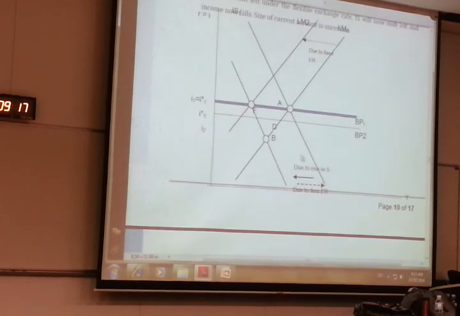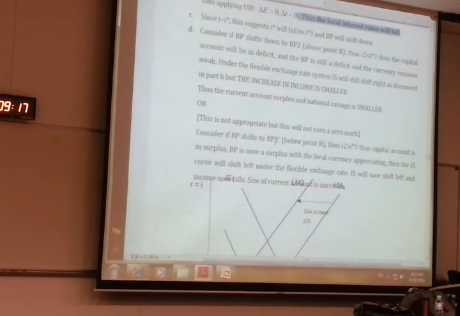Okay? Now, if you were to shift the BP down, you are at point B. There is a choice to shift above point B or below point B. The question is not clear. The question didn't tell you how much interest rate change. The question merely says interest rate has to change. So that's why in my suggested answer, I show you both.